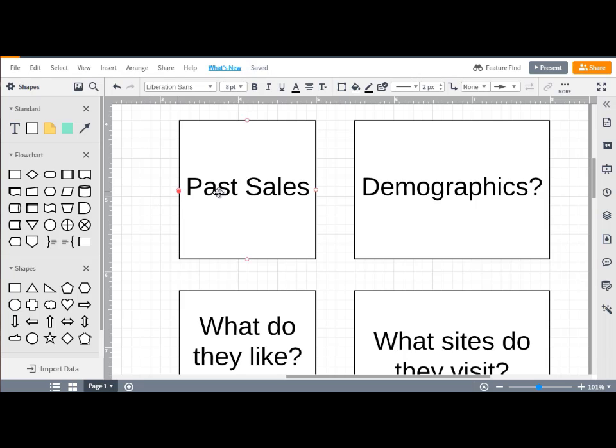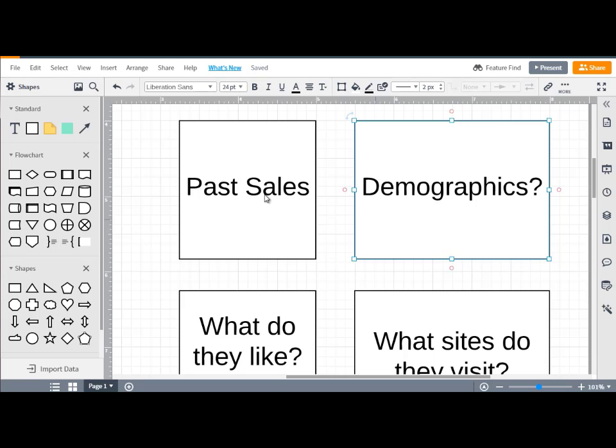Now, if you don't have any past sales, then you're going to need to get an idea of this. You can create the demographic data, and obviously you can start testing, but you're not going to know 100%. All this is doing is simply giving you a first step. All right, so this is not set in stone. This is not going to be forever.